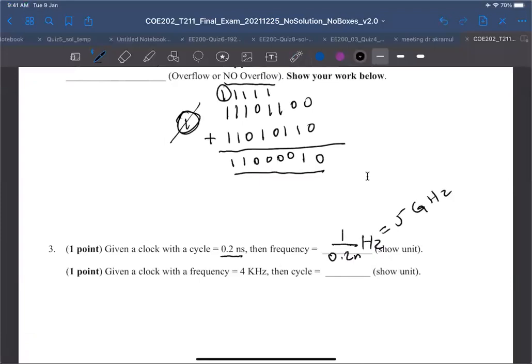And given a clock with a frequency of 4 kilohertz, the cycle is 1 over that, so 1 over 4k hertz, and 1 over hertz is a second. If you calculate that, it will be 0.25, a quarter of a millisecond.